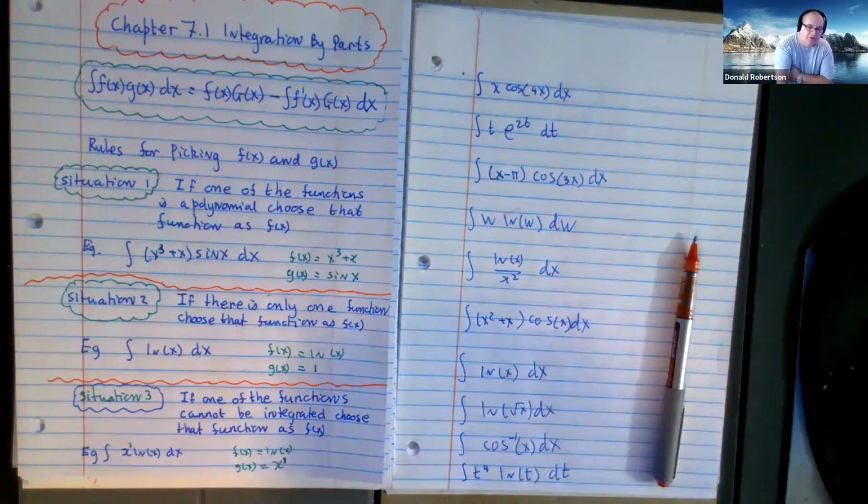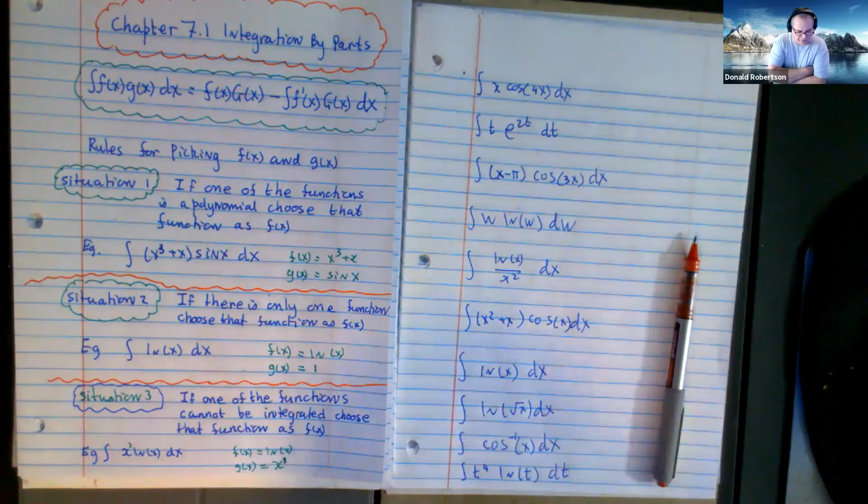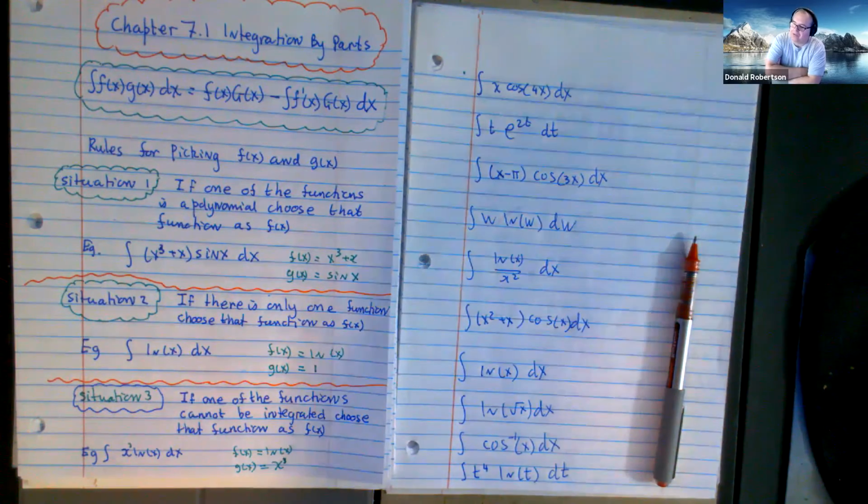Now, the fourth one, the reason I've not written it is it's kind of hard to say, and each time I say it, it's slightly different. There are going to be situations where none of these rules work, right? None of them apply. They're just one-off integrations that you're going to do integration by parts with. And you've got typically something times something, right? So who do you pick for your f of x and your g of x? Well, one method is just bite the bullet and pick one.